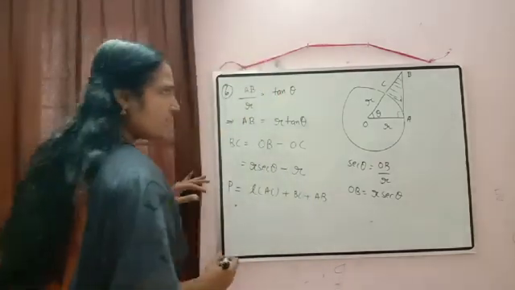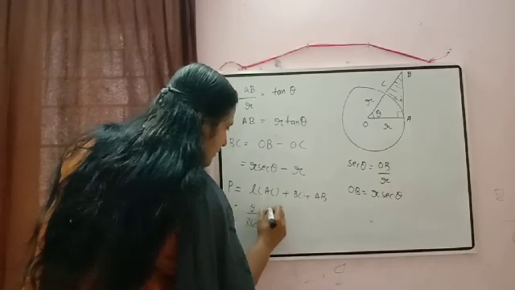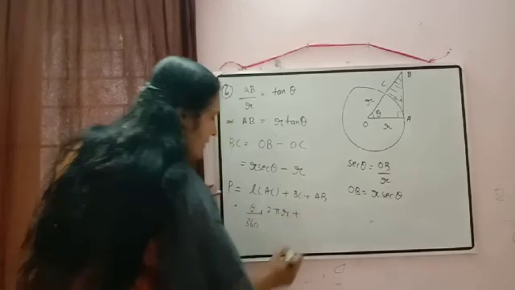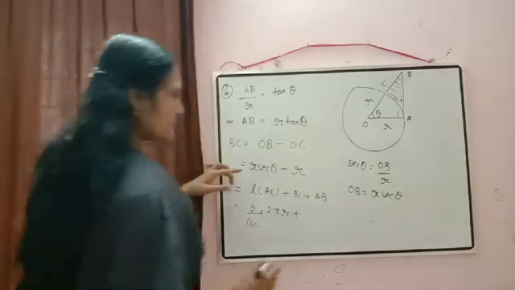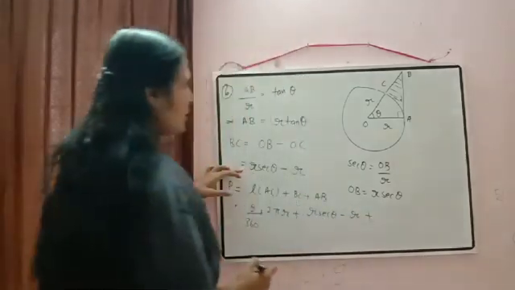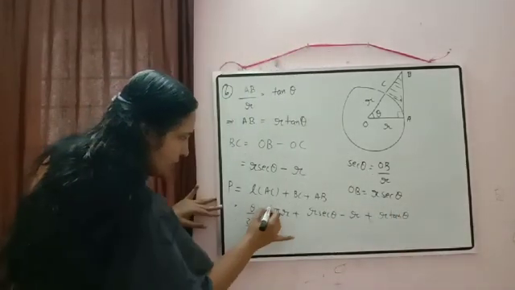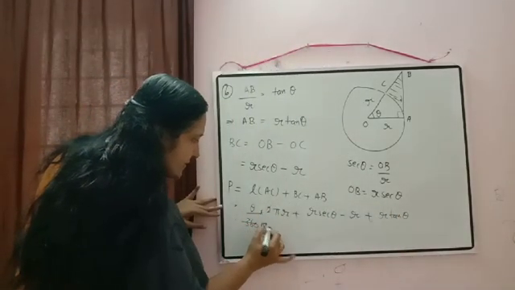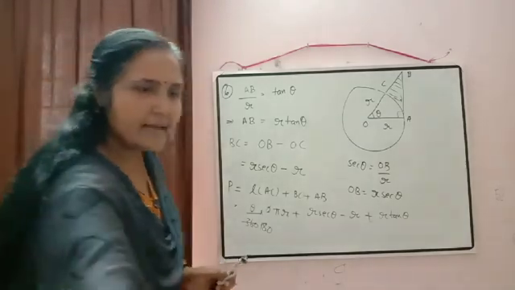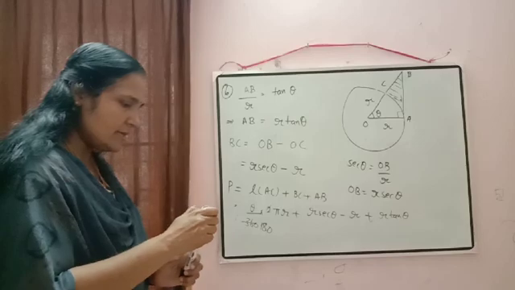Length of the arc AC formula, yes, theta by 360 into 2 pi r plus length of BC, just now we have calculated here, R sec theta minus R, plus length of AB also we have calculated, that is R tan theta. So here 2 and 360 we can cancel there. Now we will rewrite as we need in the proof there. Any common factor is there in all the terms?